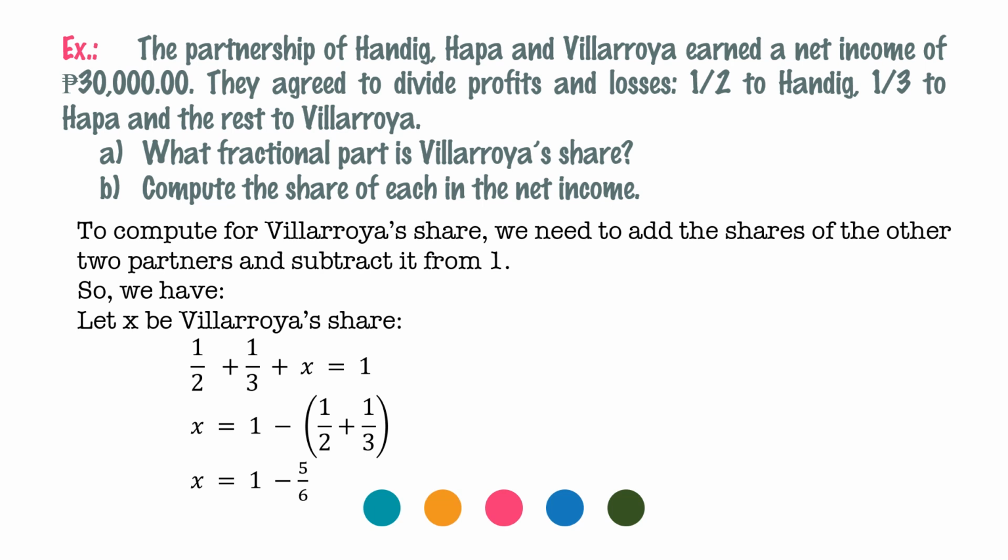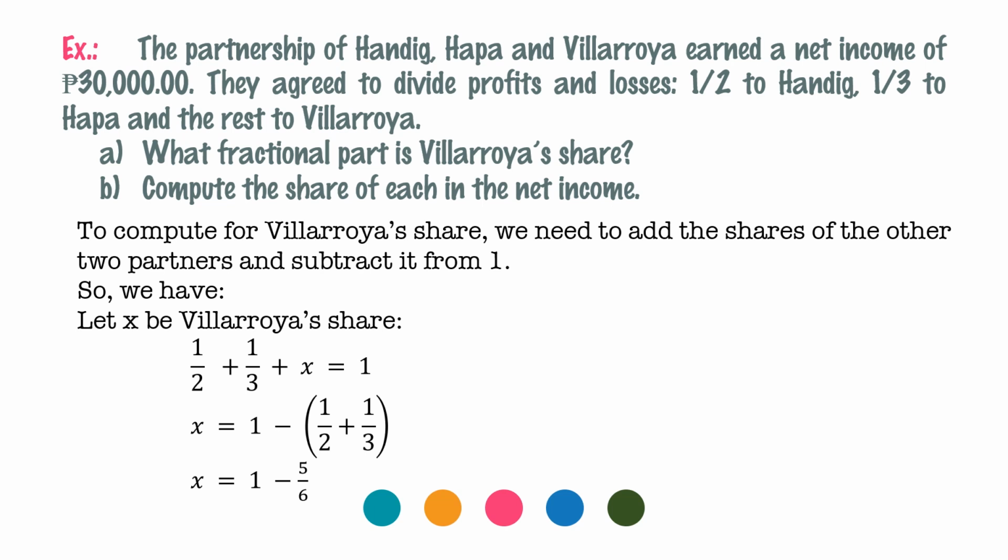Since 1 is the total portion or total parts here that is being identified, so we subtract it from that. So what happens is, we let x be Villaroya's share, so that becomes 1/2 plus 1/3 plus x equals 1. That means when we add all those three shares, it sums up to 1.